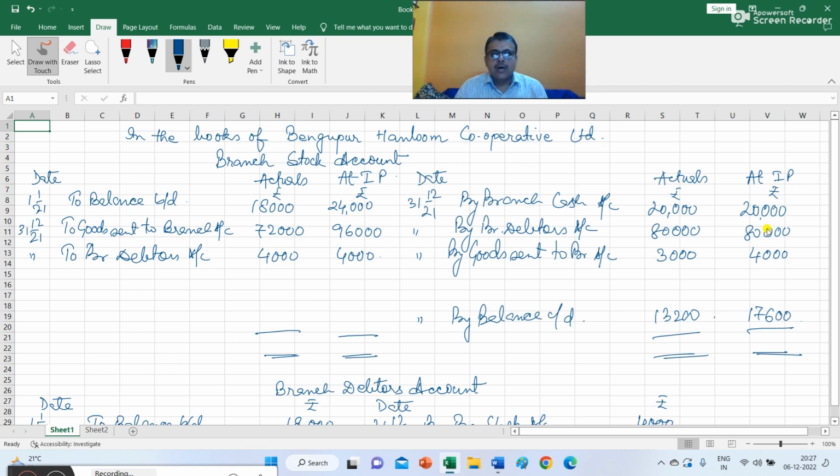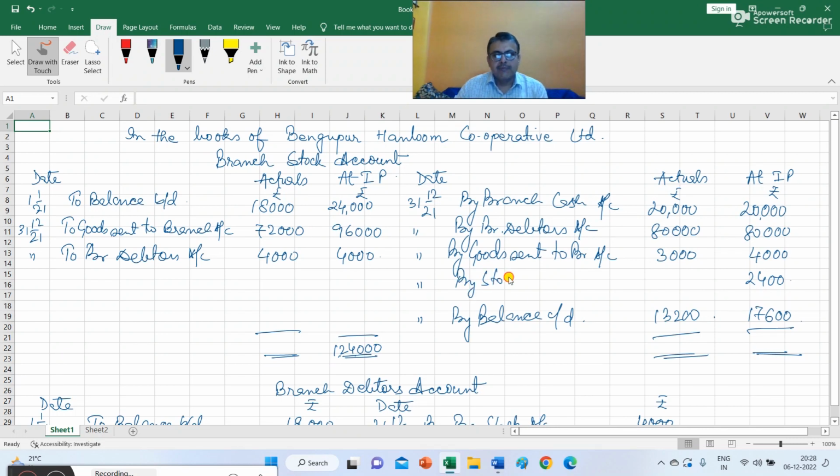So I have recorded all the transactions given in the question, and now I have to close the ledgers that I have prepared, that is branch stock account, branch debtor and branch profit and loss account. The total of the branch stock on the debit side, which is at IP, is 1,24,000, and you will get a balancing figure here for rupees 2,400. So this is basically the deficiency.